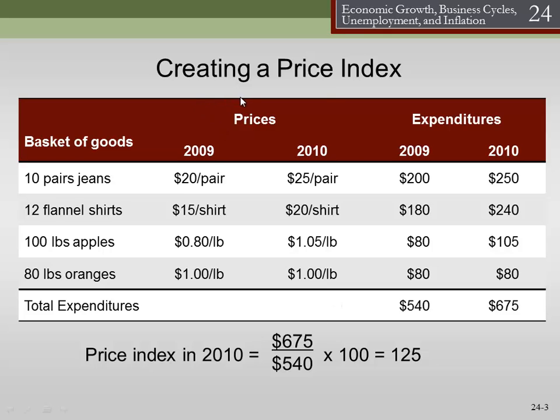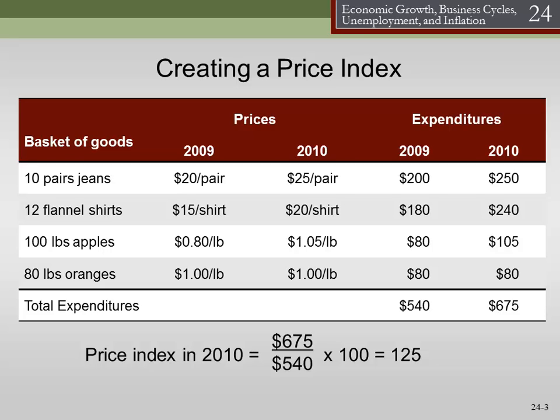So, well, how do we create a price index? Well, there's really two stages. The first stage is we have to have what's called a basket of goods. So what is going to go into our price index? And there's a lot of theory behind what makes sense to put into a price index. And frankly, I don't want to go into it because, one, it's complicated, and two, well, we don't really know how to do it yet.